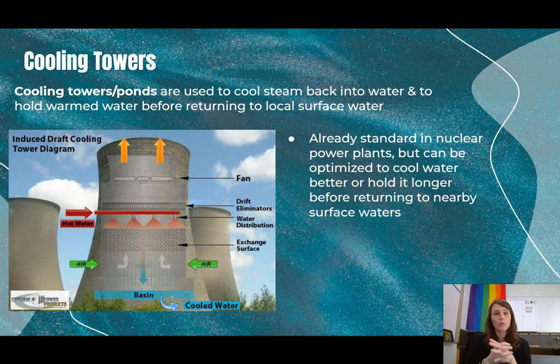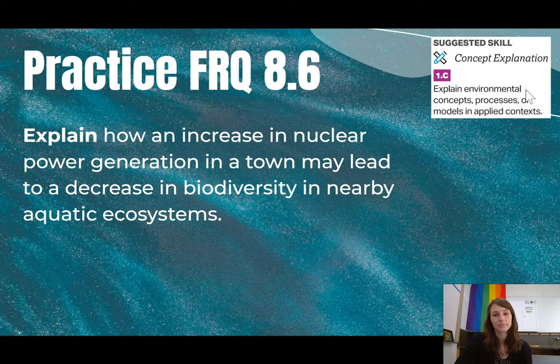Because right now they hold it for a while, but not necessarily to the point where the temperature gets to the exact same temperature as the local surface water. So they could hold it longer in order to ensure that the temperatures are the same before releasing it so they don't get thermal pollution. But cooling towers are going to be beneficial, especially if we can do them even better.